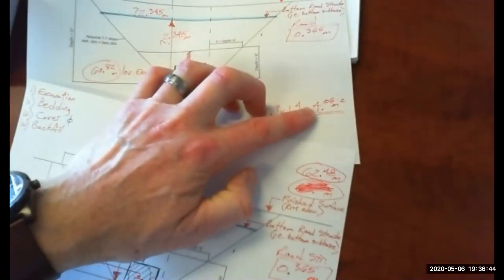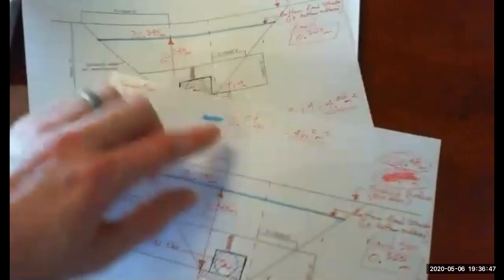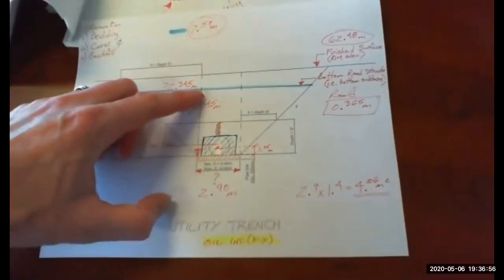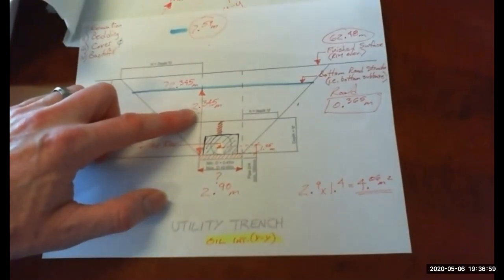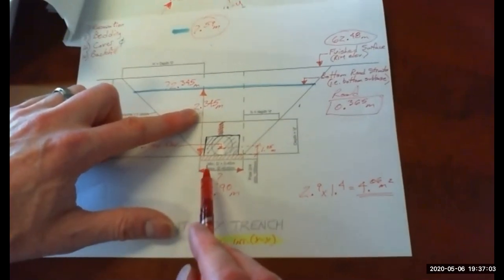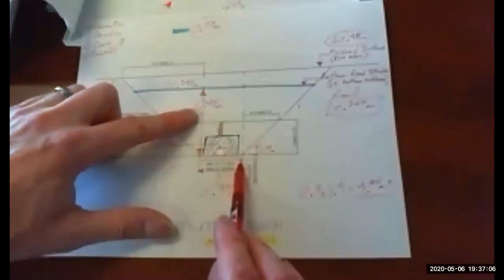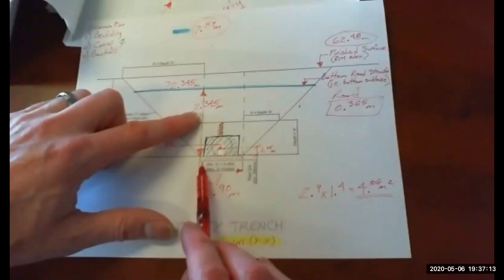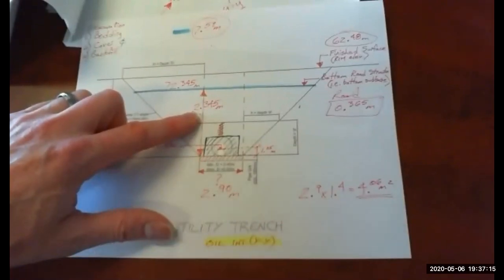So what does that turn out to be? So 4.06, 46.2, so add, divide by 2. Our excavation depth here was 2.345. Actually, we could go right to the bottom. We could add another 100 mm depth to that and get right to the bottom of the bedding. So we could go 2.445 for depth.